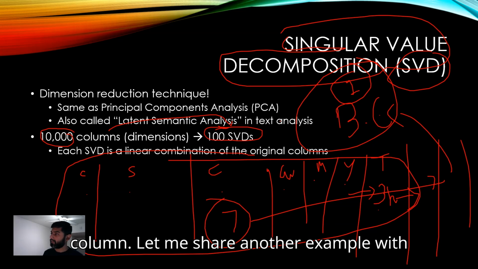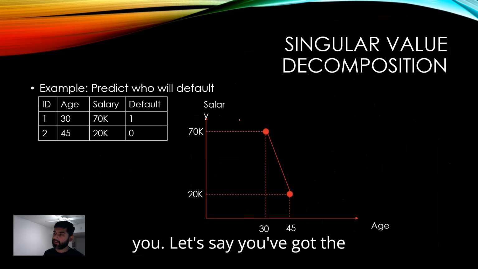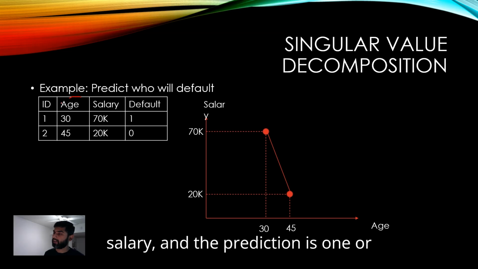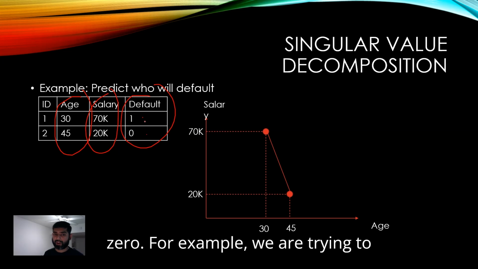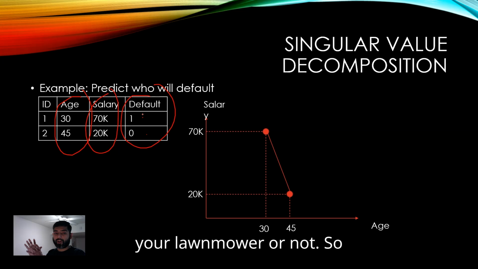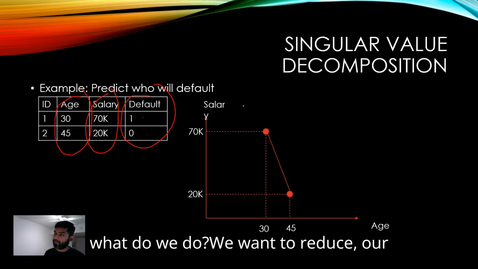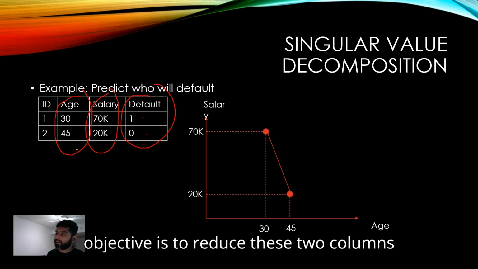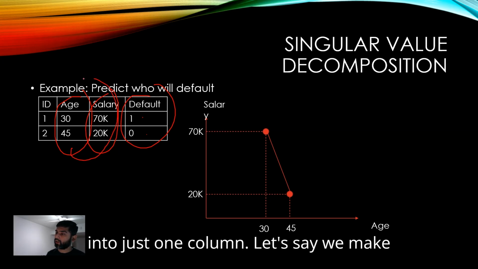Let me share another example with you. Let's say you got the database of age, salary, and the prediction is 1 or 0. For example, we are trying to predict whether this person is a buyer of your lawnmower or not. Our objective is to reduce these two columns into just one column.